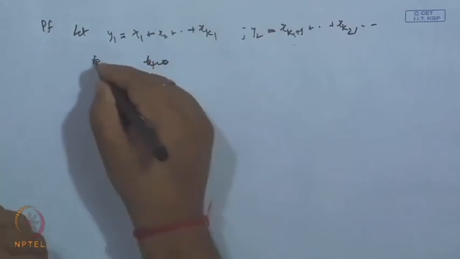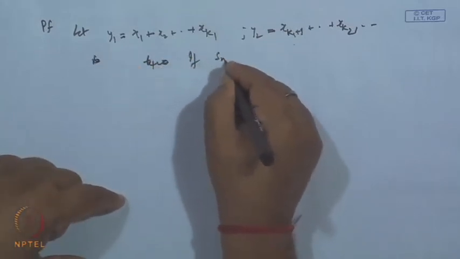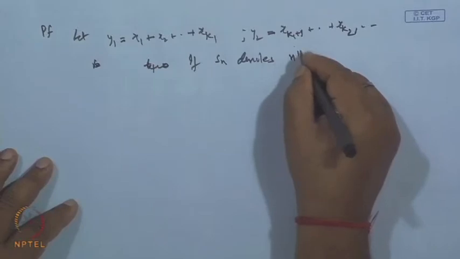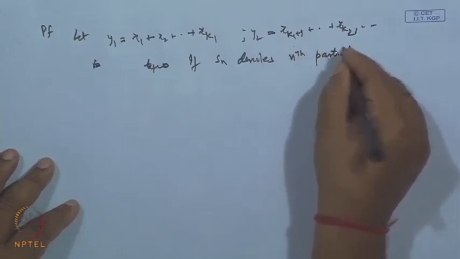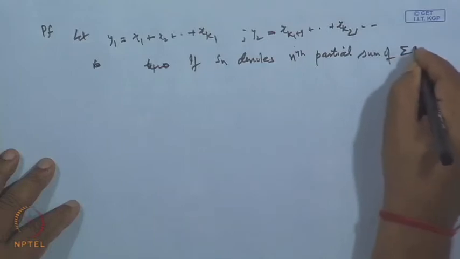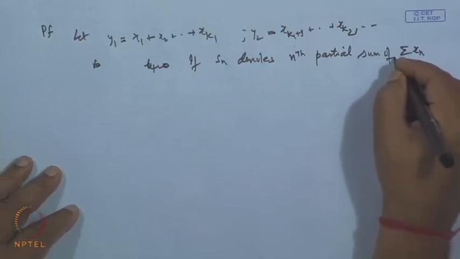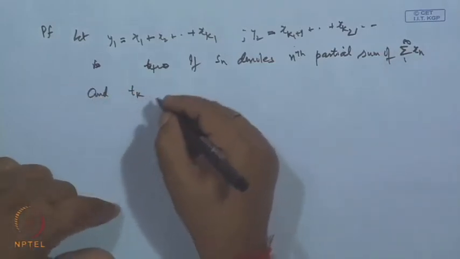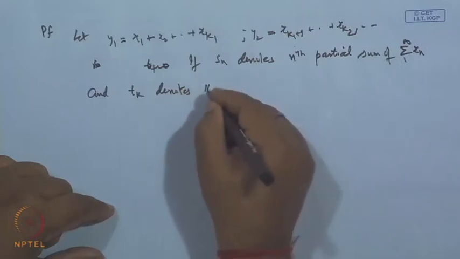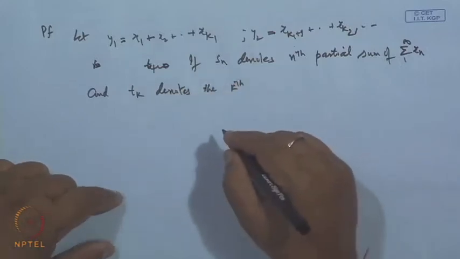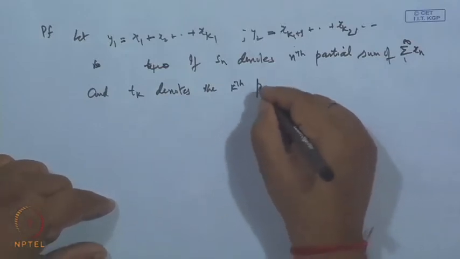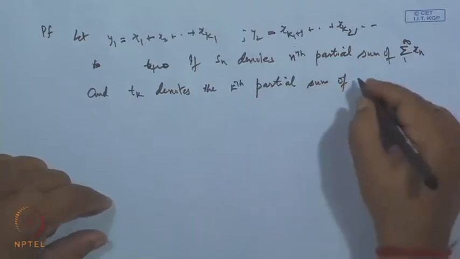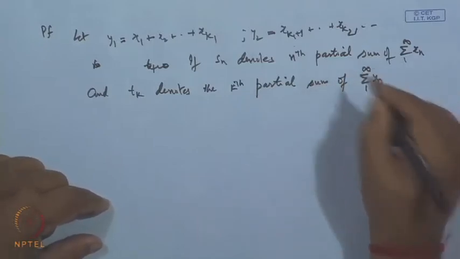So, suppose S n denotes the nth partial sum of the series sigma x n, 1 to infinity, and T k denotes the kth partial sum of the series sigma y n, 1 to infinity.